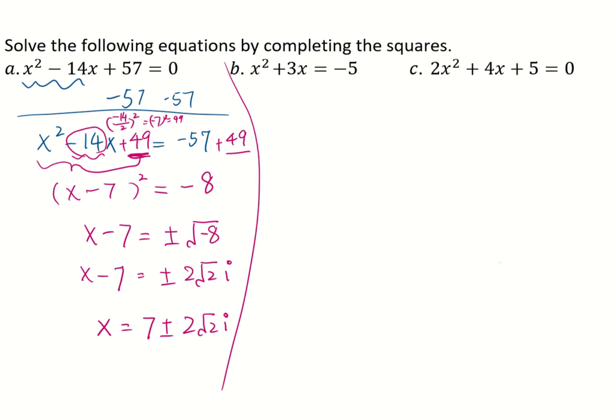Now let's look at B. x squared plus 3x is equal to negative 5. We already have these two terms on the left side, perfect. We just need to add a number on both sides. How do we find this number?